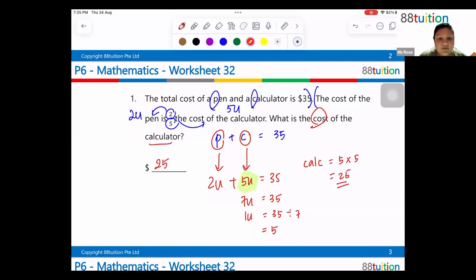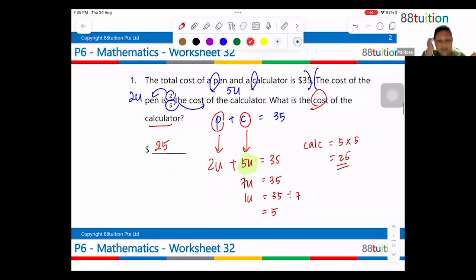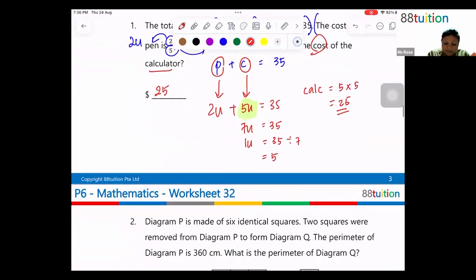Now, the rest of you, camera on, please, so that I can see your face and know whether you're listening or you have questions. In this case, they tell us the total. All we need to do is represent it in terms of units and we can solve the question.